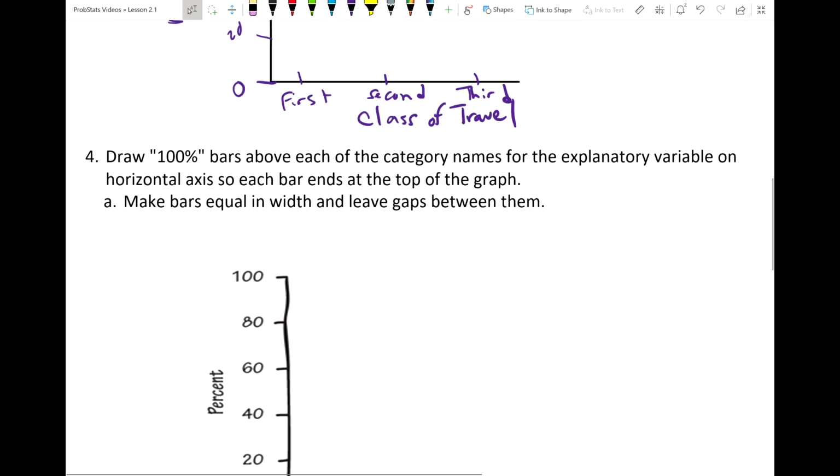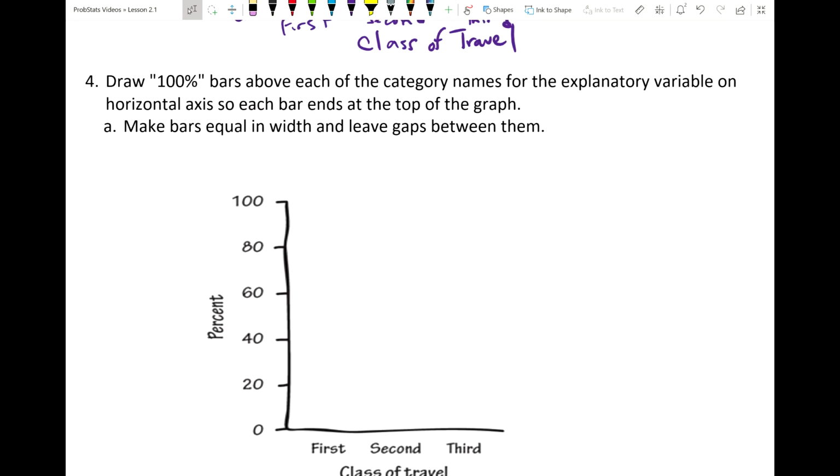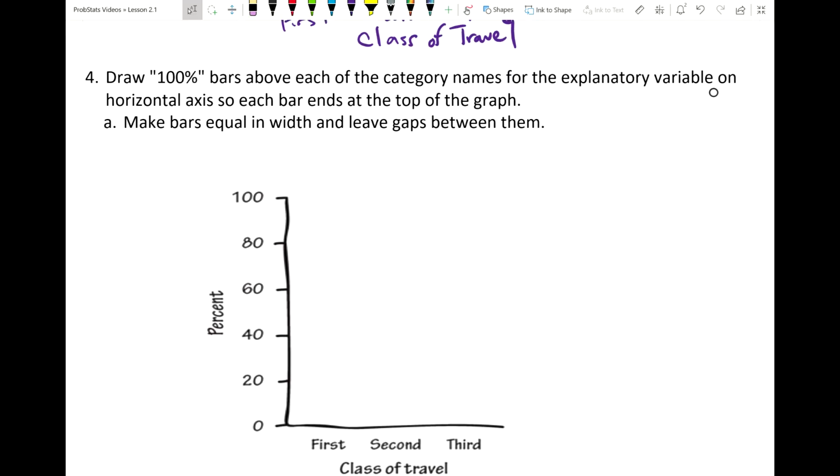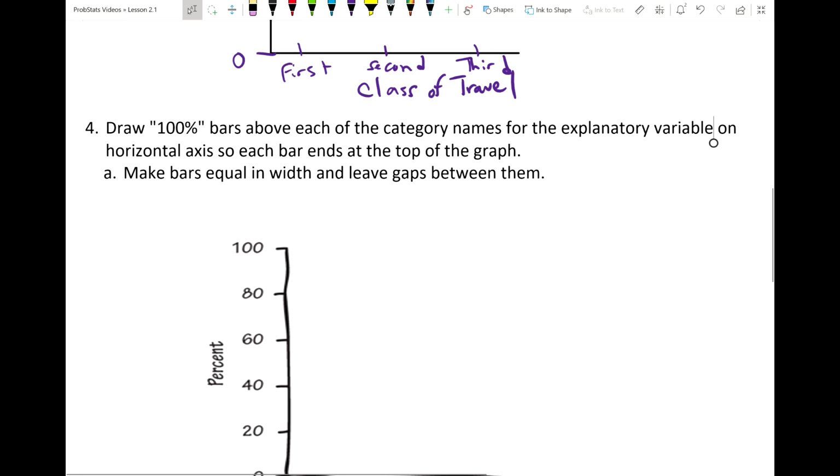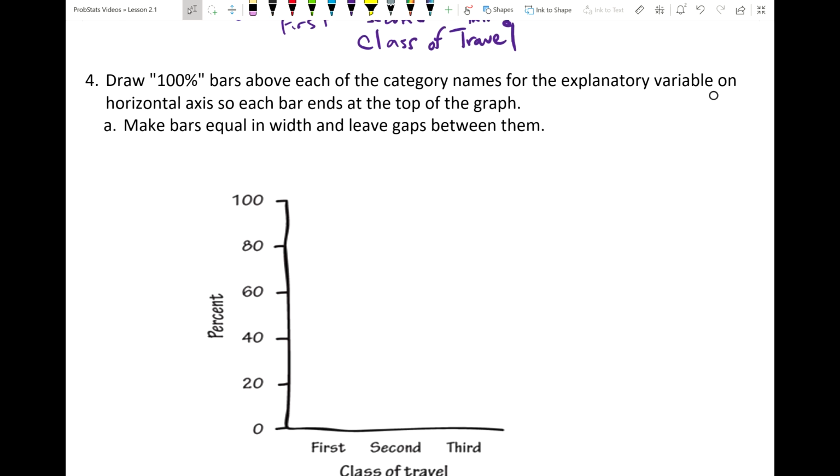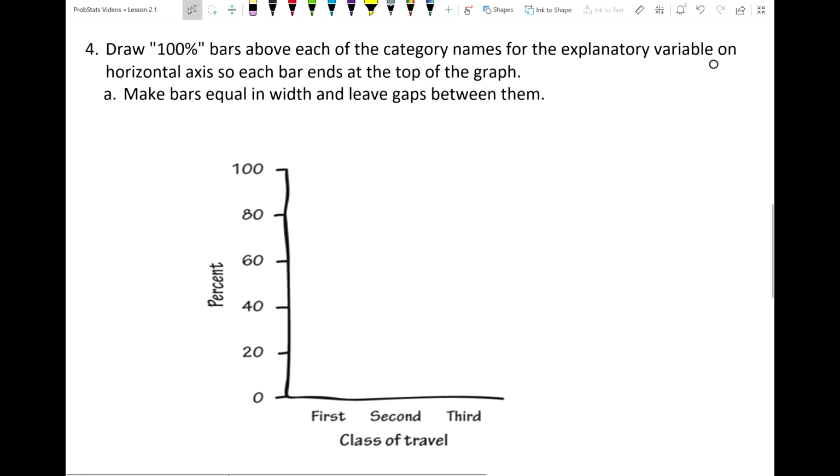Step 4, draw 100% bars above each of the category names for the explanatory variable on the horizontal axis, so each bar ends at the top of the graph. Make bars equal in width and leave gaps between them. So draw the 100% bars above each of the names, and then make the bars equal in width.